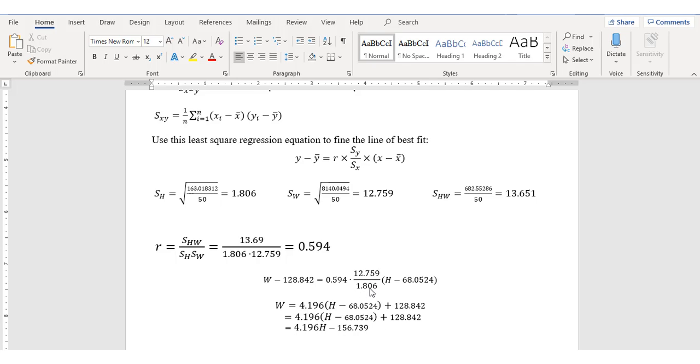This is the population standard deviation for the height. Then times the height minus the average of height. I just plug in the numbers. So when you organize, you will get this function. This will be the linear regression equation for weight and height.